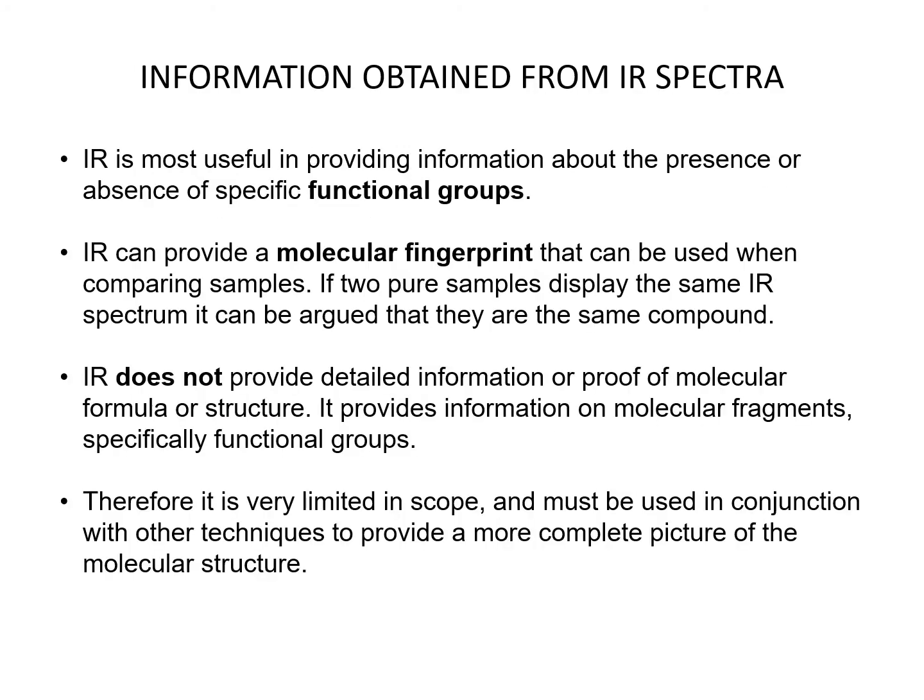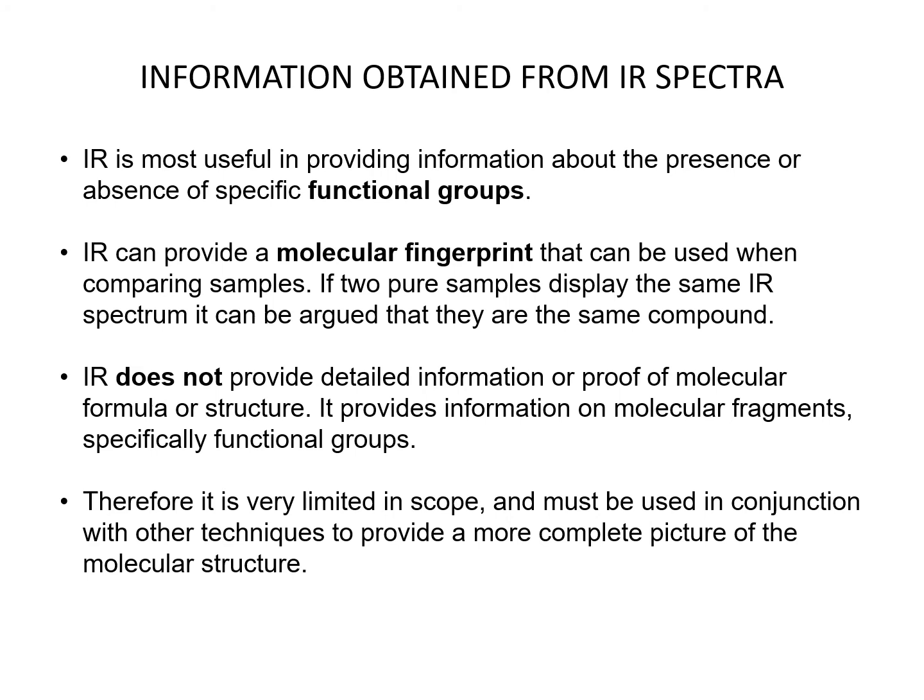So what information do we obtain by looking at the IR spectra? First, the purpose of this spectroscopy is to determine the functional group. With respect to transmission percent and wave number, each functional group appears at different wave numbers.